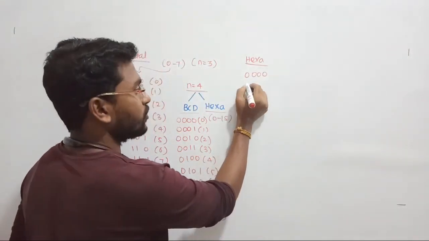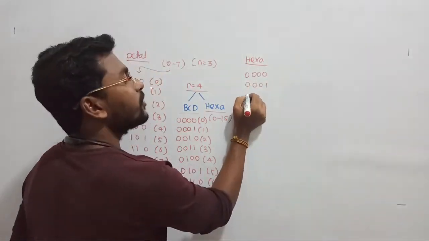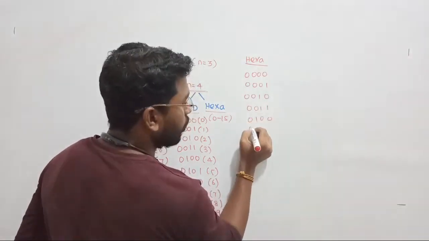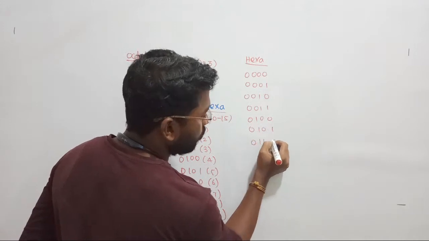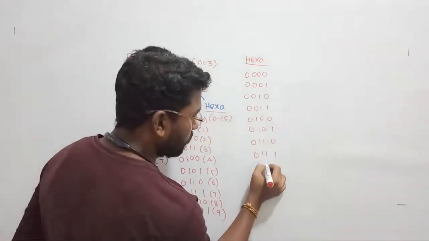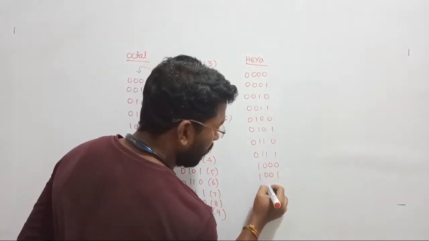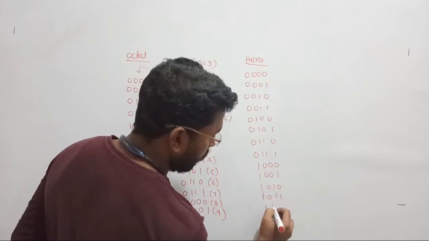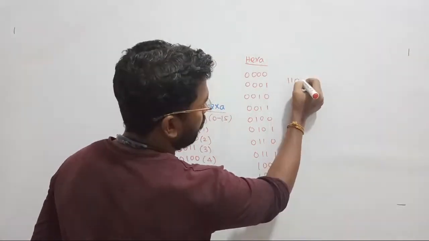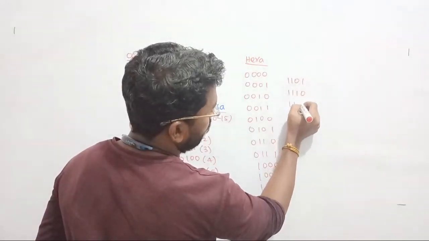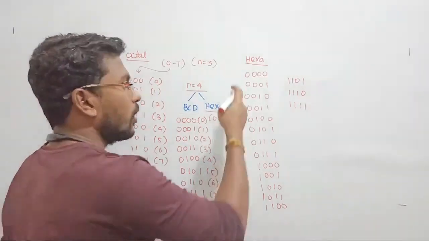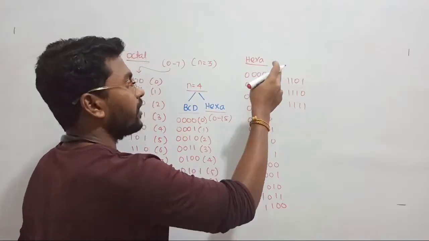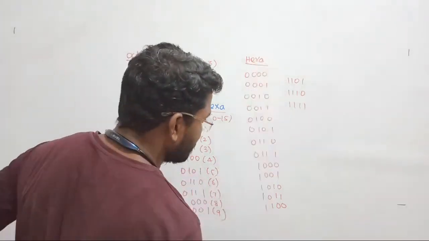So 0 0 0 0, 0 0 0 1, 0 0 1 0, 0 0 1 1, 0 1 0 0, 0 1 0 1, 0 1 1 0, 0 1 1 1, 1 0 0 0, 1 0 0 1, 1 0 1 0, 1 0 1 1, 1 1 0 0, 1 1 0 1, 1 1 1 0, 1 1 1 1. How many combinations are there? 1 2 3 4 5 6 7 8 9 10 11 12 13 14 15 16. Happily we got 16 combinations, right?